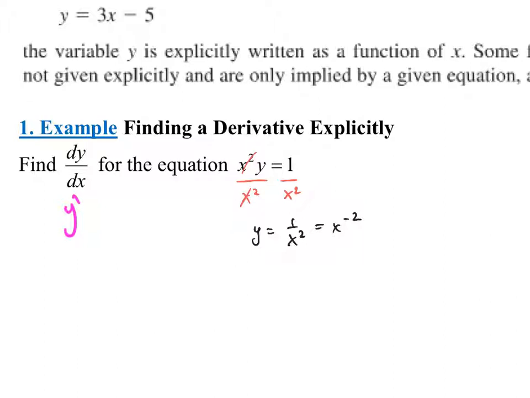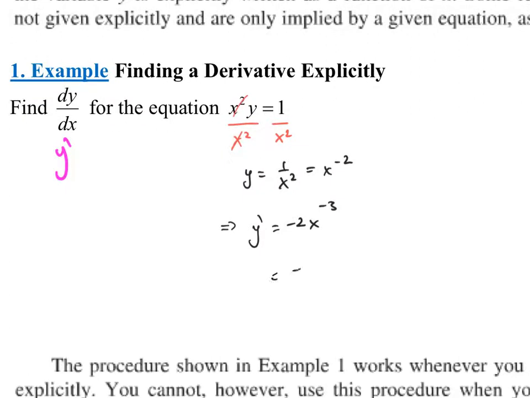So I could use the power rule. So if I wanted to find y prime, which is dy dx, which is what the problem asks for, I'd drop the power, so that'd be negative 2x to the power negative 3. Or we could clean it up a little bit and write it as negative 2 over x cubed. So that's what y prime or dy dx would be in this problem.